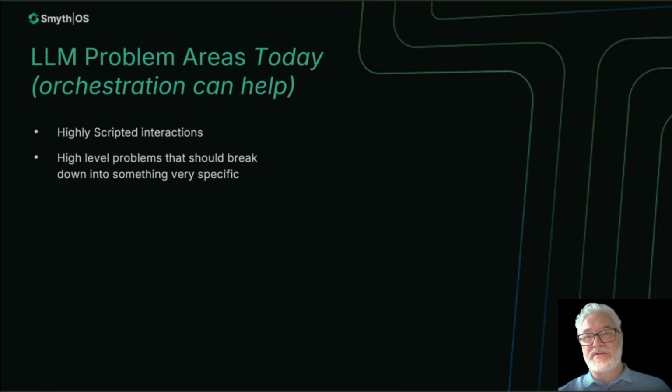Well, LLMs like to generate content and to be a little bit more creative. So you have to be very, very cautious with how you build generative AI applications in highly scripted environments and actually build that scripting in with something like orchestration to make sure that you get exactly what you want. High-level problems should break down into something very specific.